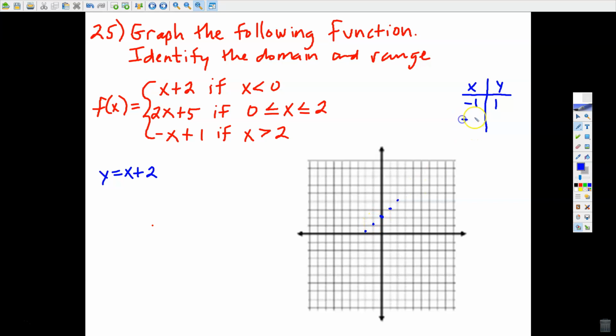And then if I input -2, I can input any number that matches this. If I input -2, I get 0, and that's what this point is. So this little table helps you see that the far right point on this graph is going to be this point right here, -1, 1.